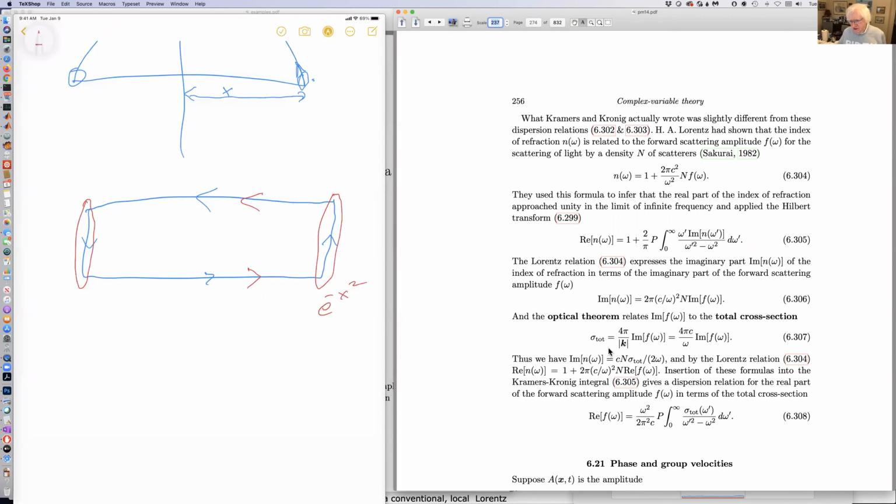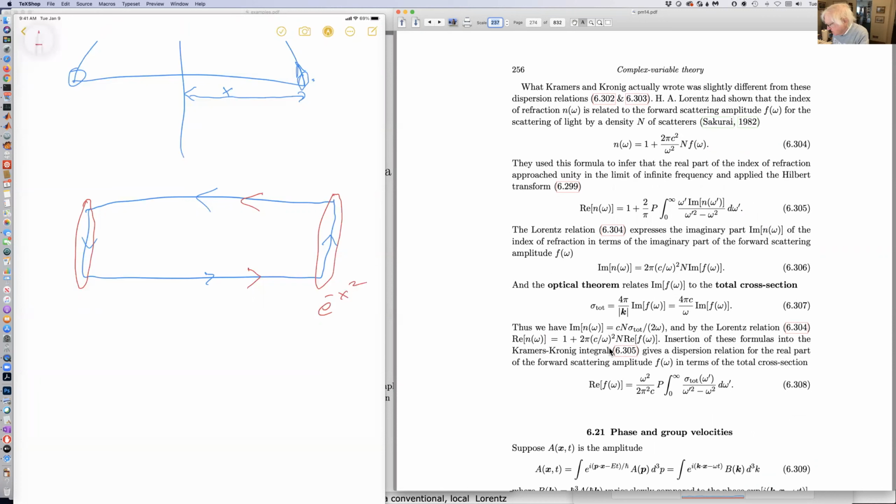And then they used one of the magical results of quantum mechanics, which is the optical theorem, which is extremely general, by the way. It applies also in high energy scattering theory. It says basically that the total cross section is proportional to the imaginary part of the forward elastic scattering amplitude.